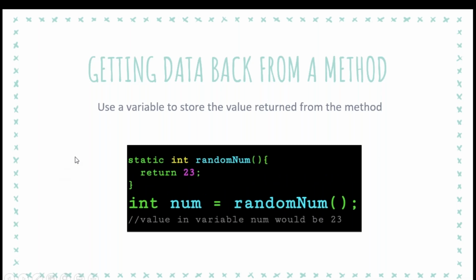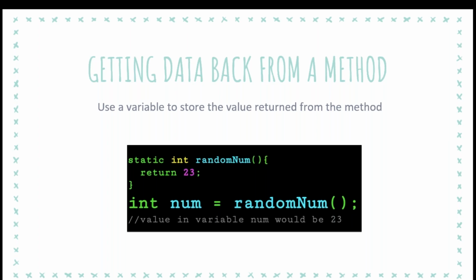Just one more thing from our previous sessions, to clarify and refresh your memories. This is how we can use a variable to store the value returned from the method. As you can see, we have the static integer and then the random num method, and what we're doing is returning the value of 23.